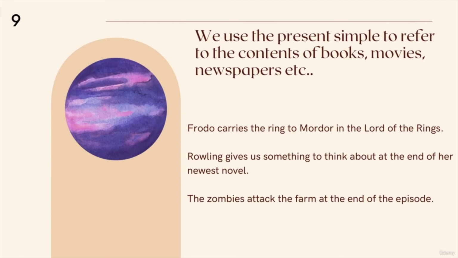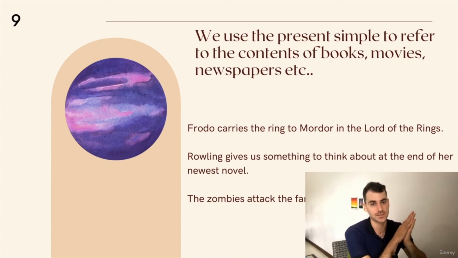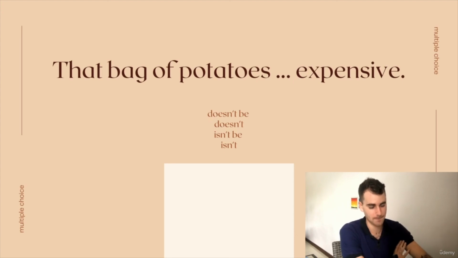Okay, so finally, we have reached the end of the advanced rules. That's a lot to take in, but let's just do a little quiz for your own practice. Choose the correct answer. This is multiple choice. The answer is, how long does it take to get there? Next one.